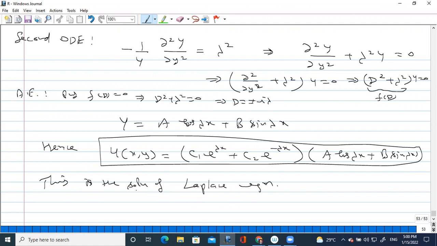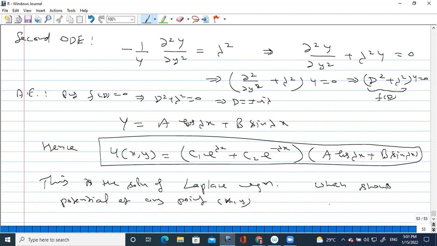You can say that this is the solution of the Laplace equation, which shows the potential at any point (x,y).